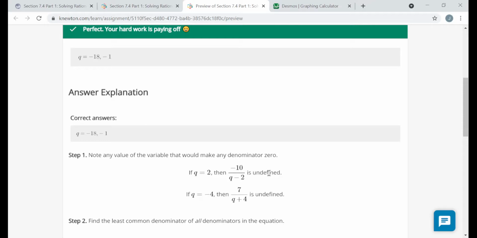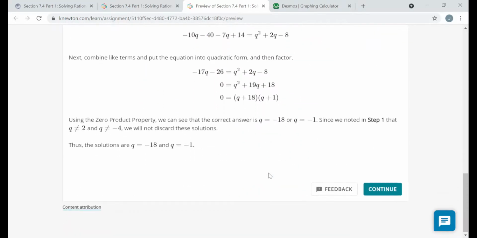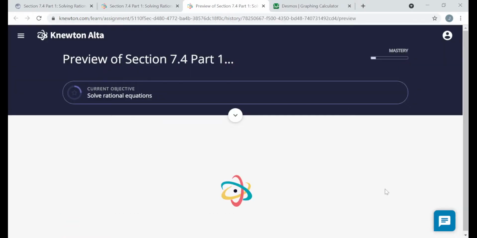Or maybe they did it in an alternate method that you could add to your toolbox and use for future problems. And if you got it wrong, definitely read the answer explanations. Try to figure out where you went wrong, why you were wrong, and try to learn from your mistakes for future problems. All right, next question.